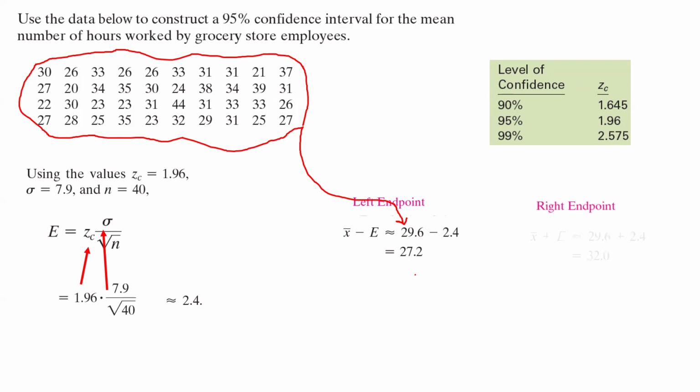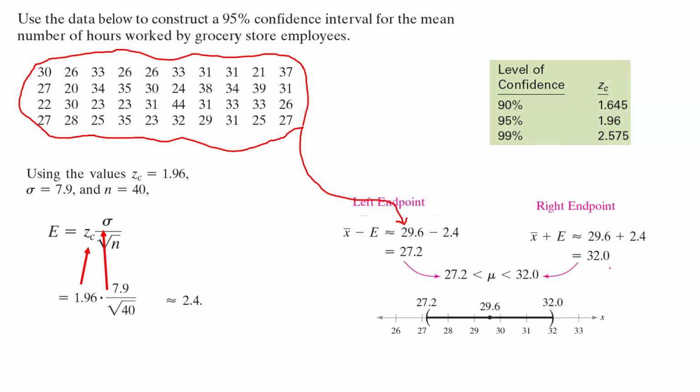For the right endpoint, you just do the addition, x bar plus e. Again, the point estimate, or the average of the data here, plus the distance, which is 2.4, which is going to be 32 hours.